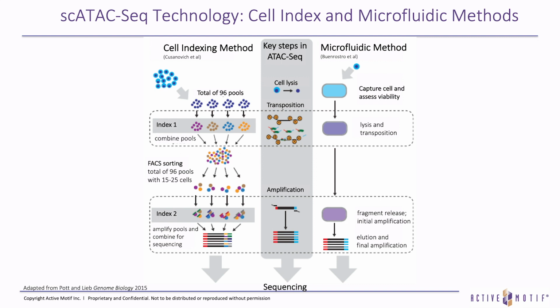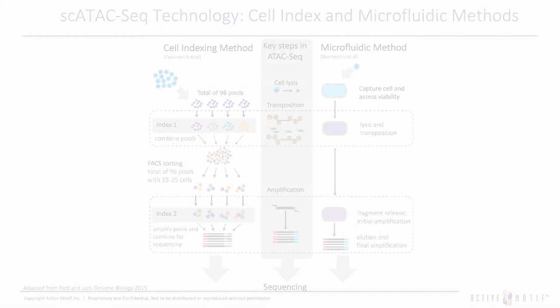Now, both of these methods use very similar methodologies, still following the same steps of the standard ATAC-Seq workflow in combination with individual nuclei barcoding. Which method you choose to perform your single-cell ATAC-Seq, whether it's the cell indexing method, microfluidic method, or others, will really be dependent on what platform you have at your disposal.